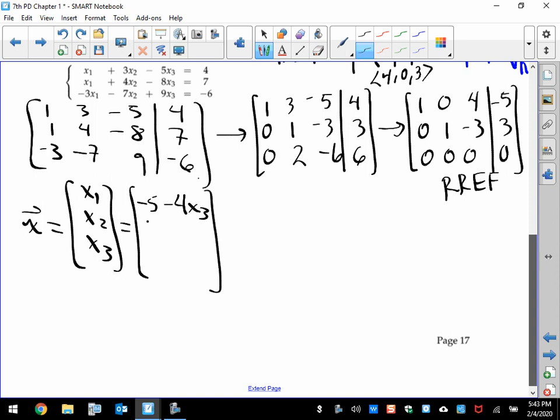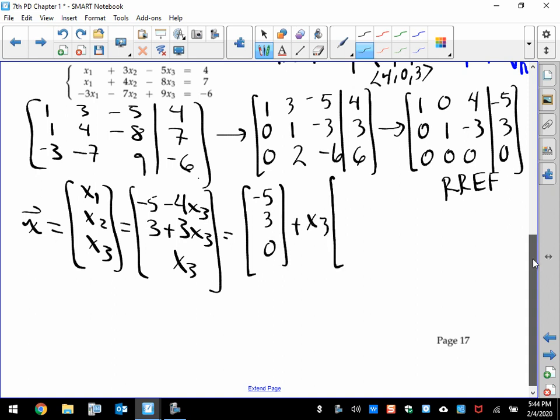And then we have 3 plus 3x3, and then x3 is the free variable, so you just have 0 plus x3. Okay, so this is really, let's write this as 2 vectors, the constant vector, plus x3 times (-4, 3, 1), the coefficients of x3.